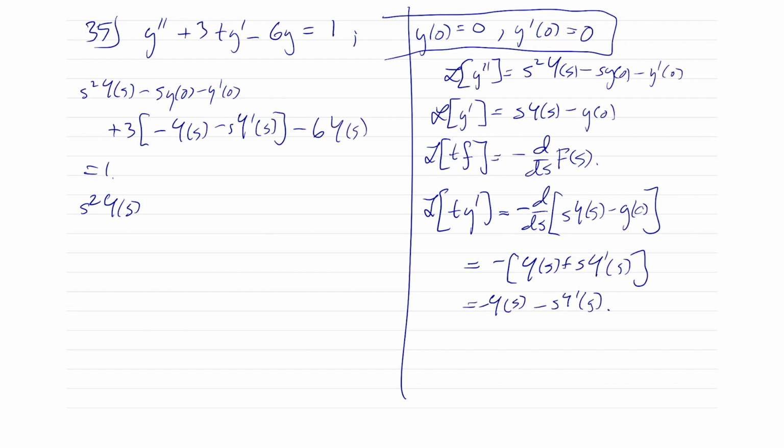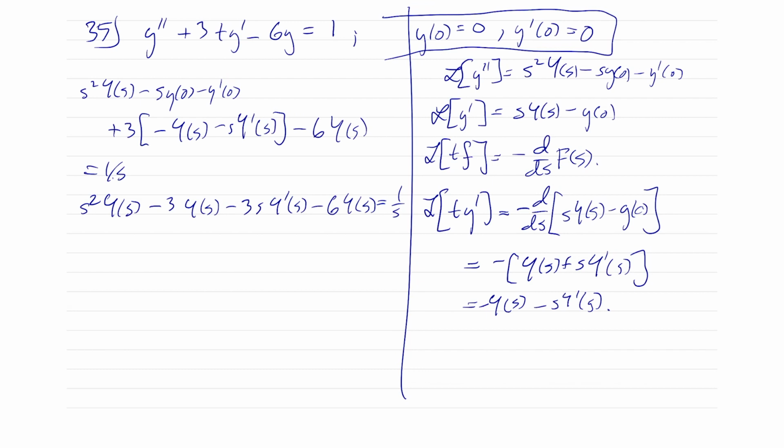And so we're going to get minus 3 Y of s, then minus 3 s Y prime of s, minus 6 Y of s, and oh my goodness, I said the Laplace transform of 1 was 1, and that's certainly not true. It is 1 over s. So this should be equal to 1 over s.